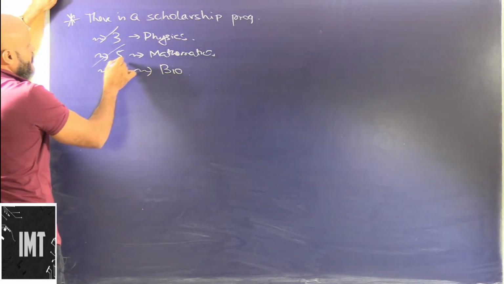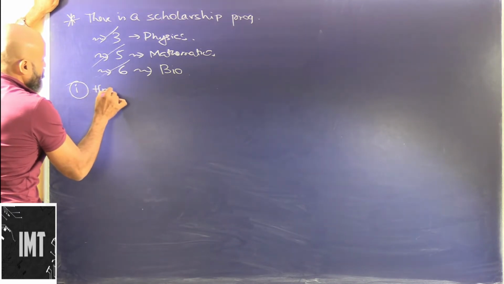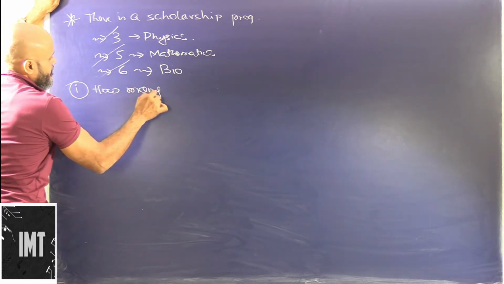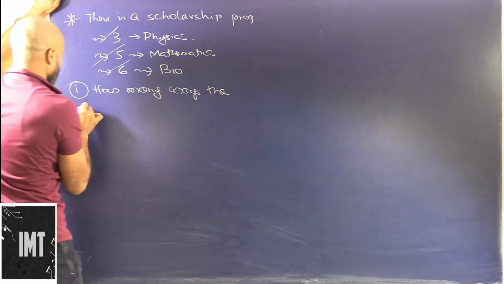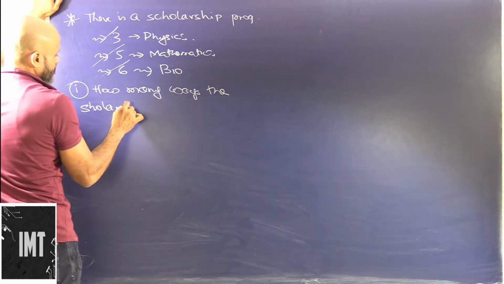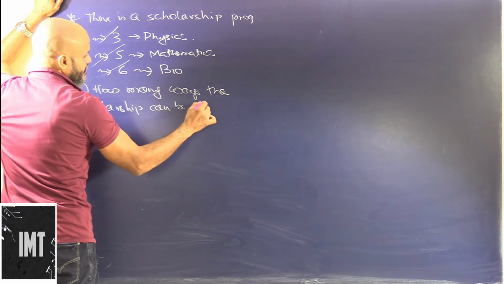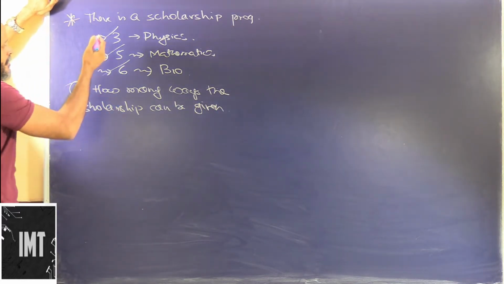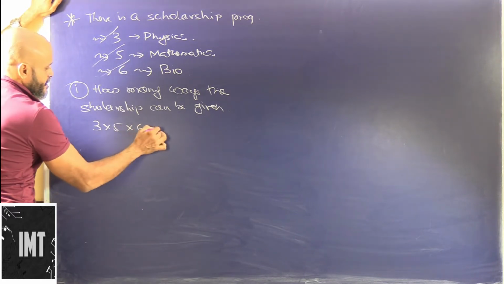3 for physics, 5 for mathematics, 6 for biology. So if the question is in how many ways the scholarship can be given, the total ways would be 3 into 5 into 6, right? 15 sixes are 90.